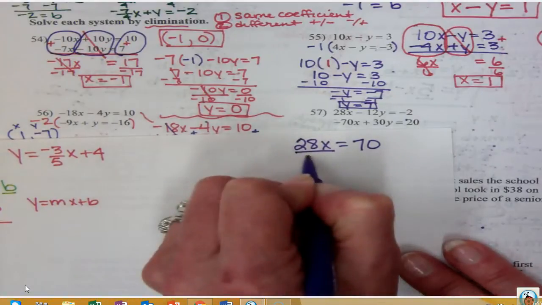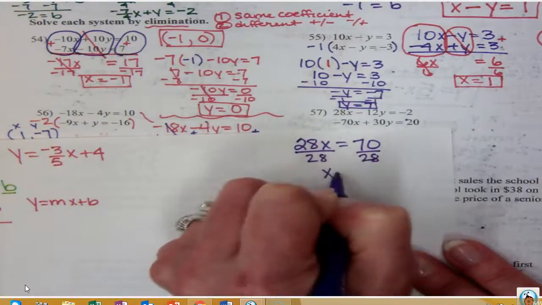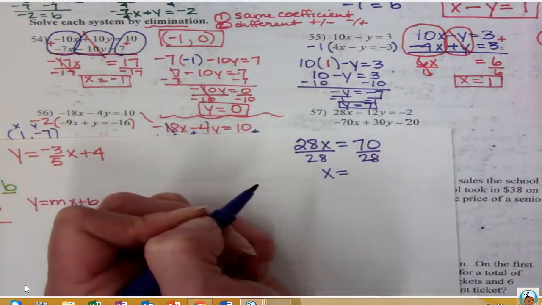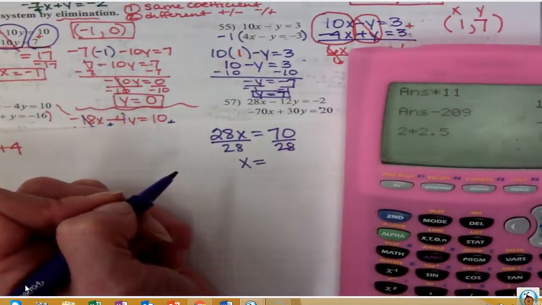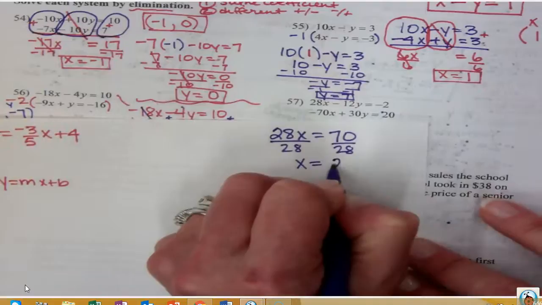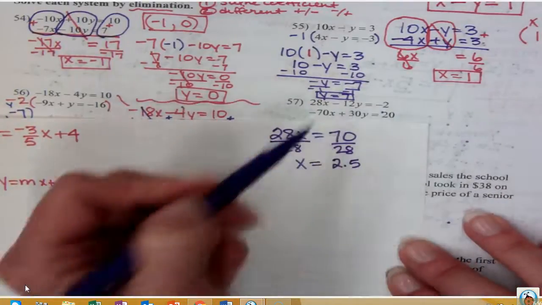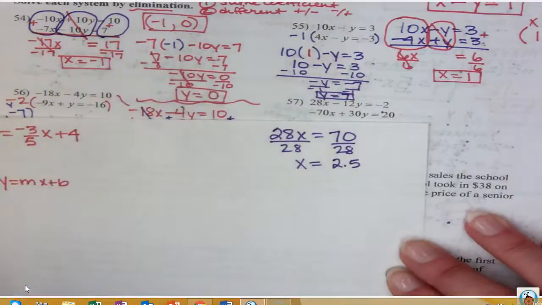So I can figure that out: divide by 28, divide by 28. Let's see on my calculator, when I put in 70 divided by 28, I get 2.5. So 2.5 is the number that I can multiply this one by to get 70.